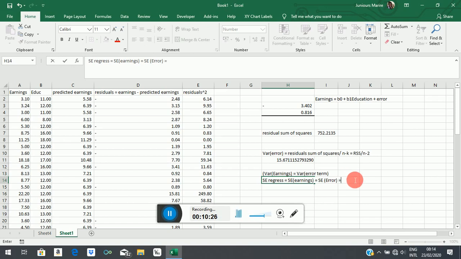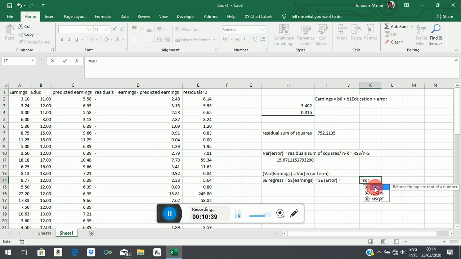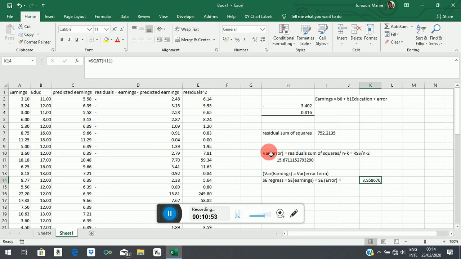This is the square root, SQRT, of the variance, and we get 3.958.